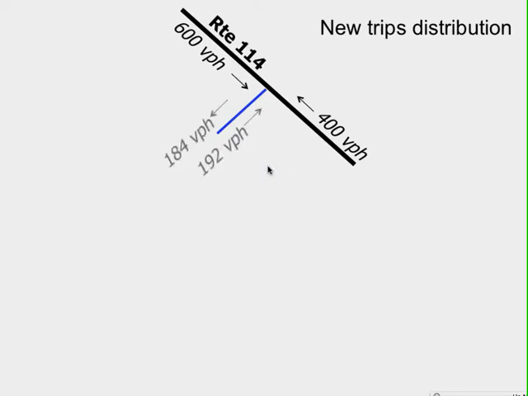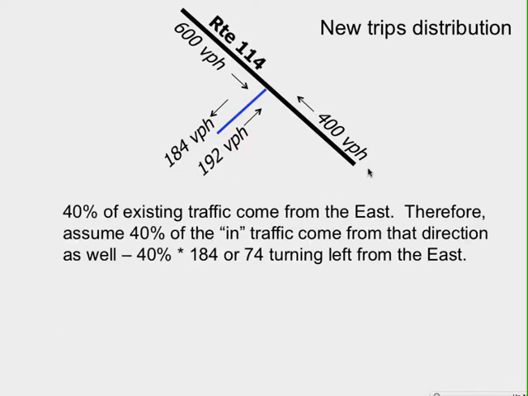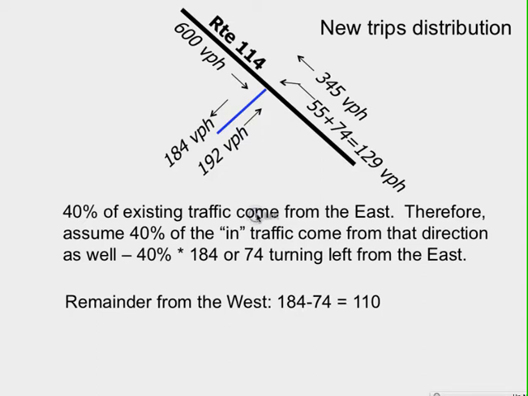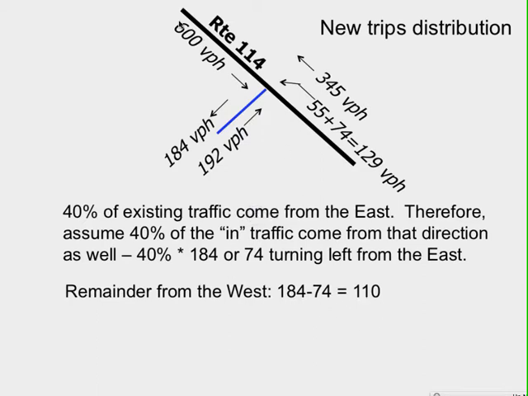Now let's take a look at new trips. These are the trips in and out for new trips. Again, 40% are coming from the east. Therefore, 40% of the 184 will come from the east. That's 74 trips, but those are new trips, so those aren't part of the 400. So now we're going to add the 74 to those left turners because those are new trips. So we have 129 turning left, and the remainder from the west, 110.